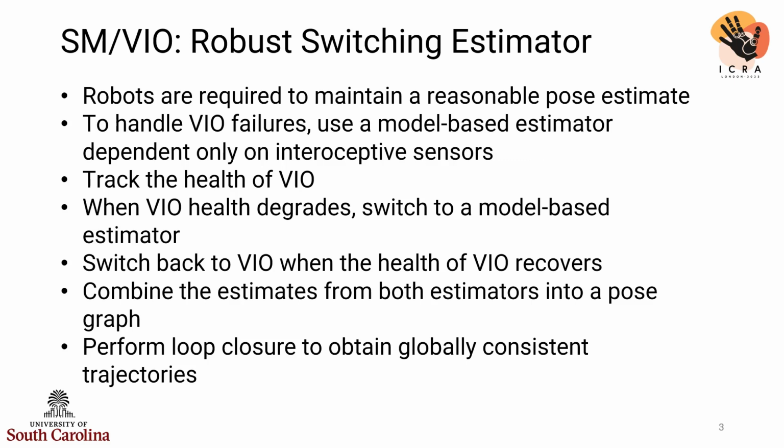We keep monitoring the VIO health and switch back to VIO when the health indicator shows recovery. Thus, we combine the pose estimates from both estimators, switching back and forth in a loosely coupled fashion depending on health status, into a pose graph. Whenever the AUV encounters a loop, the pose graph is optimized to obtain globally consistent trajectories after loop closure.